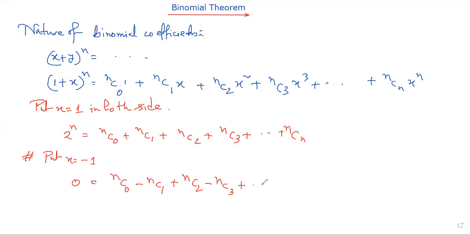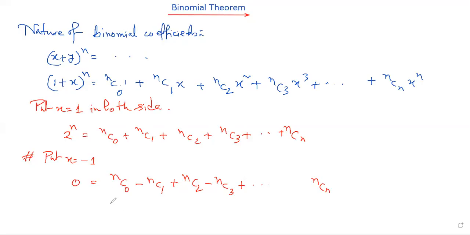In this way, alternately plus and minus, it goes on up to nCn. So we can find that where the suffix is even, 0, 2, and so on, they are all plus and the others are minus, and the sum is equal to 0.